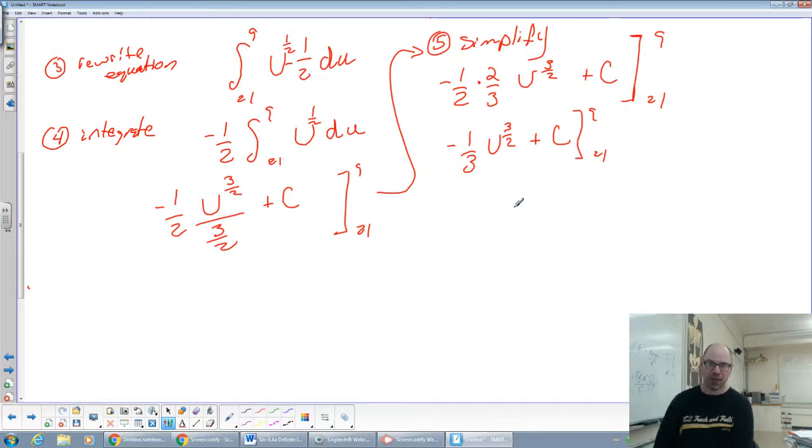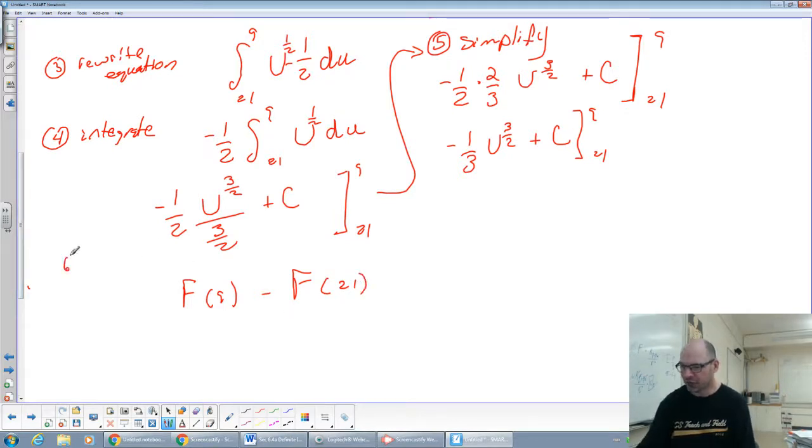All right, now we just sub in the values of the limits. That c is going to cancel out. So we're going to go f of 9 minus f of 21. We plug in the limits.